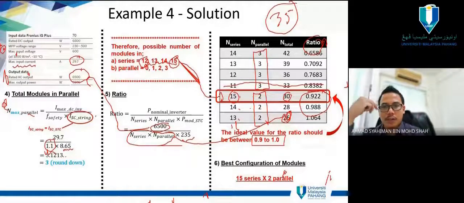Kalau value dia besar, maksud saya apa maksud value tu besar atau kecil?